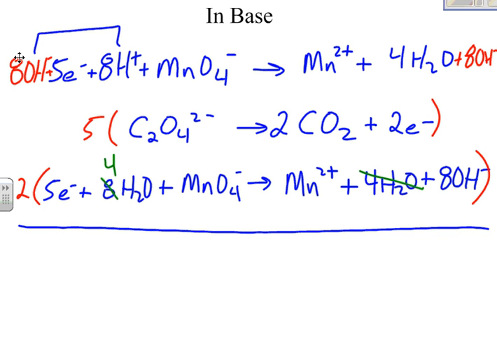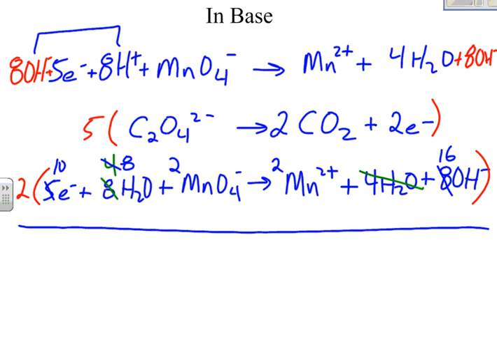And again, let me just go through and change the coefficients here so that we don't get anything messed up. So this will be 10 electrons instead. This will be 8 water molecules, 2 permanganates, 2 manganese ions, and 16 hydroxides.